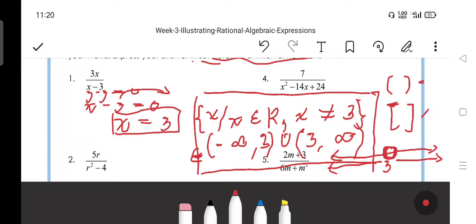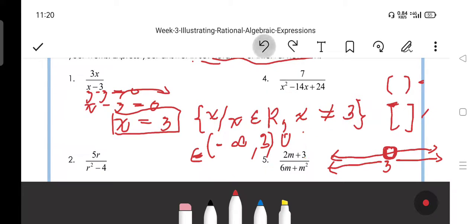In terms of set notation, the first one here, and interval notation, the second one here. Either of the two is still correct. But of course, it would be a lot better if you know how to express your answer in interval notation. That's it for number 1. So let's erase this first.